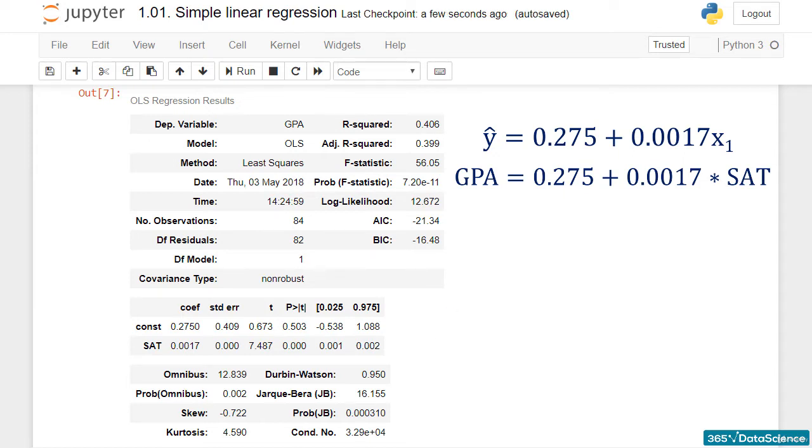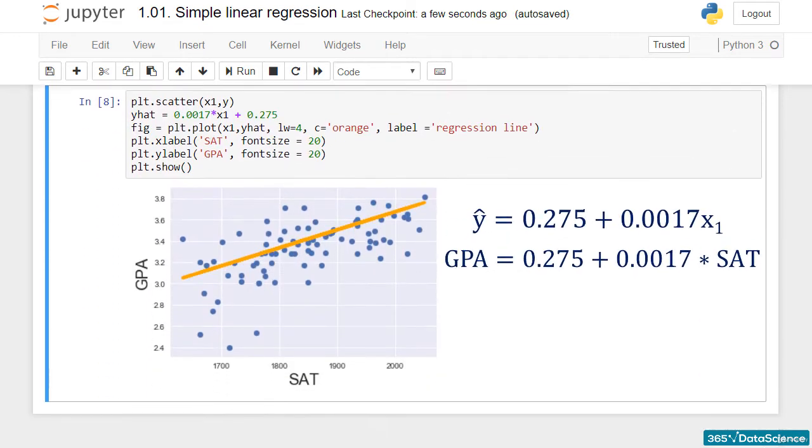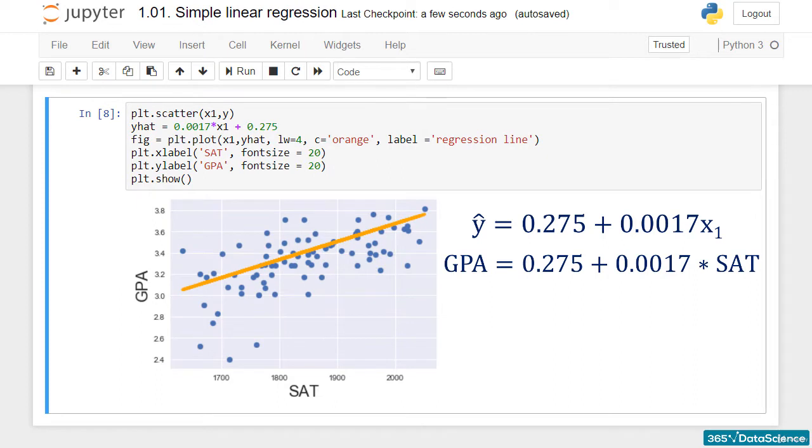Great! Let's take a step back and look at the code where we plotted the regression line. We have plotted the scatter plot of SAT and GPA. That's clear. Next, I've created a variable called y hat. Y hat is equal to 0.0017 times x1, or SAT, plus 0.275.